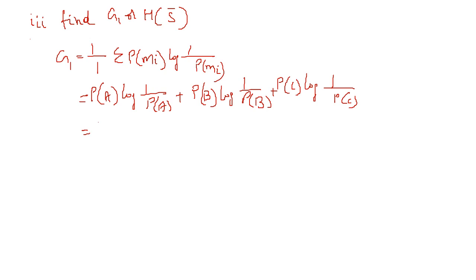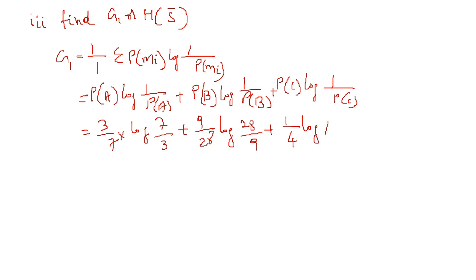So we'll substitute the values: 3 by 7 into log 7 by 3 plus P of B, which is 9 by 28 into log of 28 by 9 plus P of C, which is 1 by 4 into log 4.